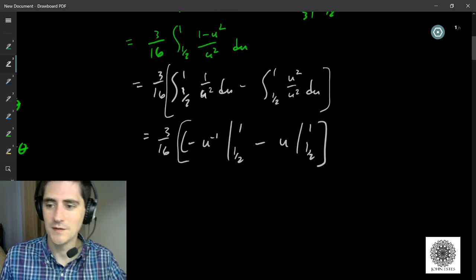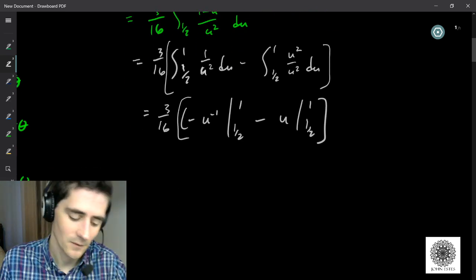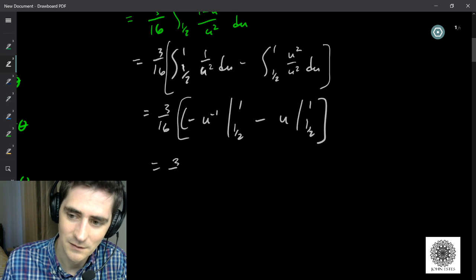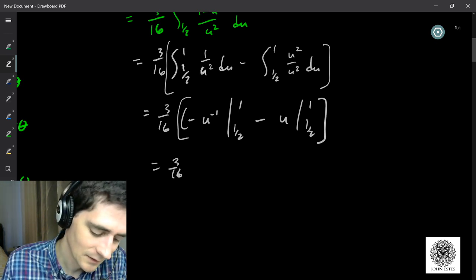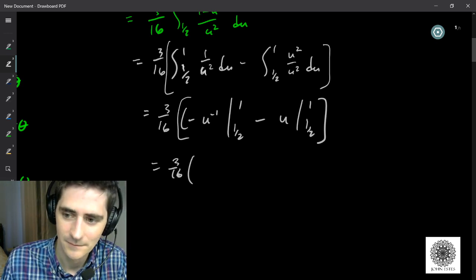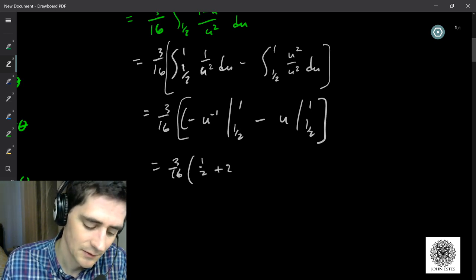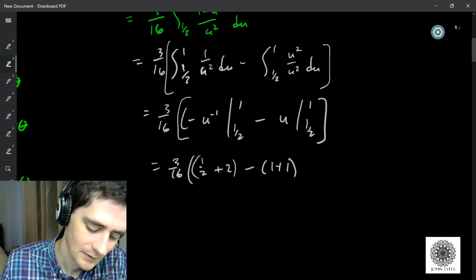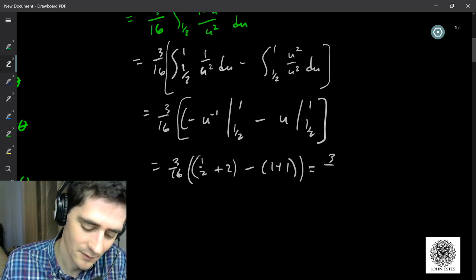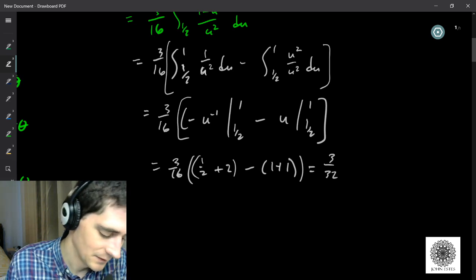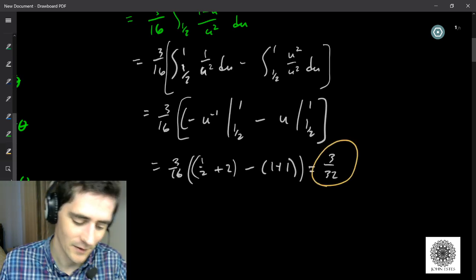Multiplying all that by 3/16. Just be really careful with the arithmetic here. Let's see, you should get something like this: 1/2 plus 2 minus 1 plus 1, and you end up with 3 over 32. There's a lot of room for error there.